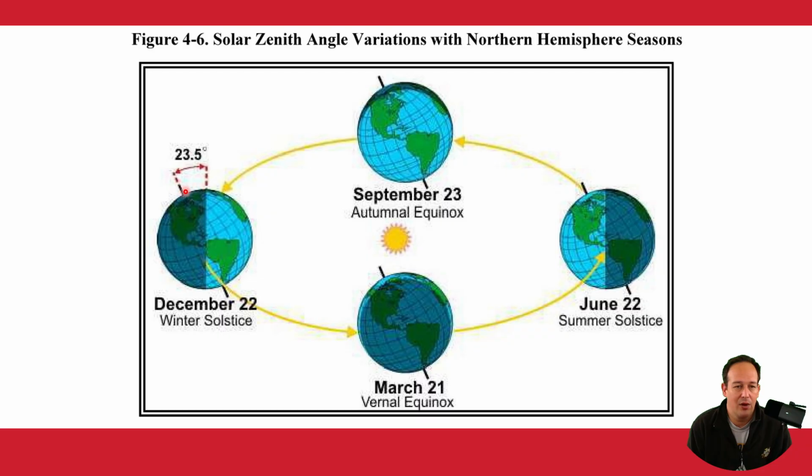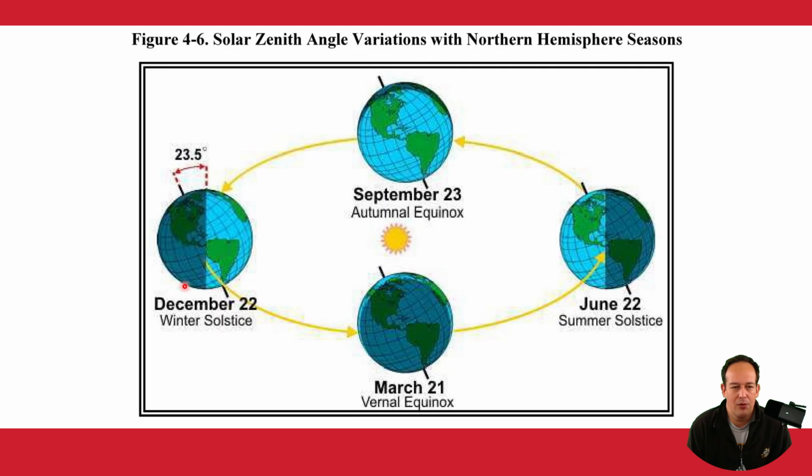For a part of the year, the North Pole doesn't receive any daylight whatsoever. So it's just dark 24 hours a day for a considerable amount of time. The rest of the northern hemisphere does receive daylight, but at a high solar zenith angle, and so there's less heat energy received per square mile.